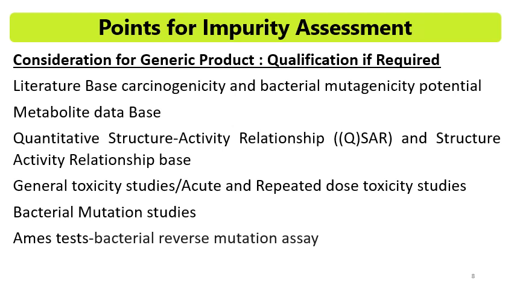Then coming to the general toxicity studies. If the impurity is not genotoxic or not carcinogenic, then you can go for the general toxicity studies. General toxicity studies are performed based on acute and repeated dose toxicity studies.